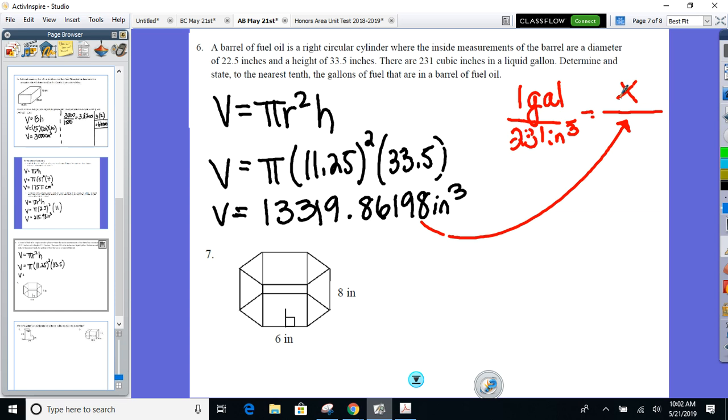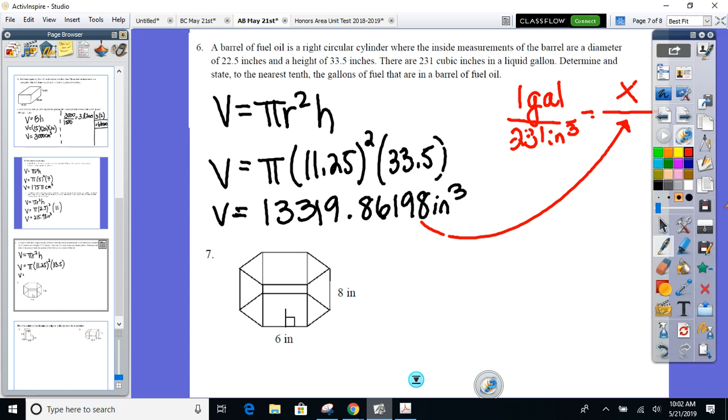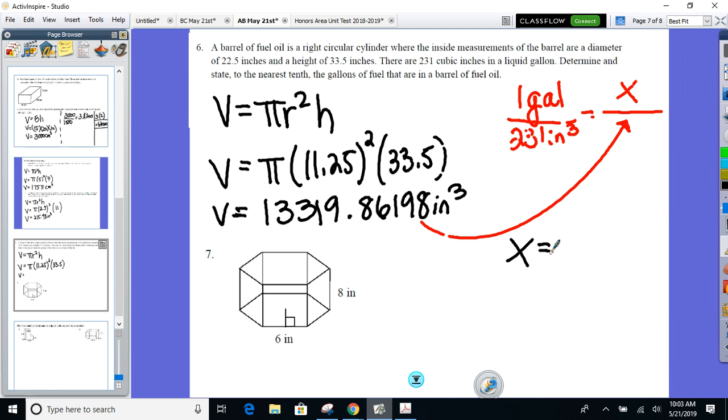So if you're unsure, set up a proportion. Put the conversion first, 1 gallon and 231 cubic inches, and make sure the units are across from each other. Would the answer in gallons still be cubed? No, because remember, your conversion says 1 gallon equals 231 cubic inches, not 1 cubic gallon.